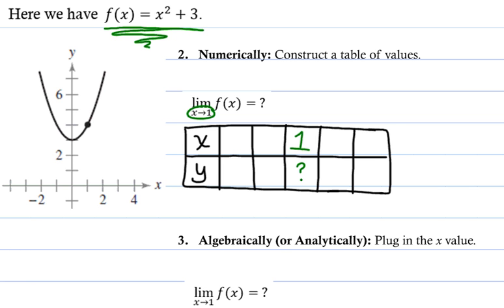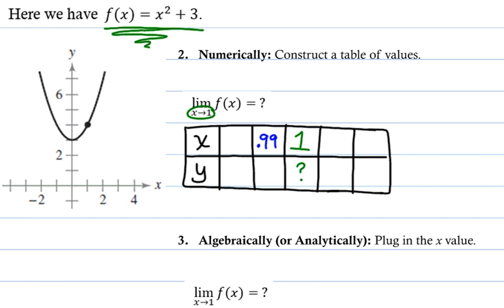I'm going to choose x values that are on either side of 1: numbers that are smaller than 1 and numbers that are bigger than 1. But what you're normally going to have to do is pick numbers that are really, really close to 1. So 0.99.